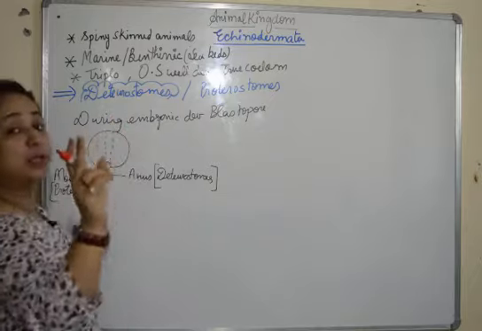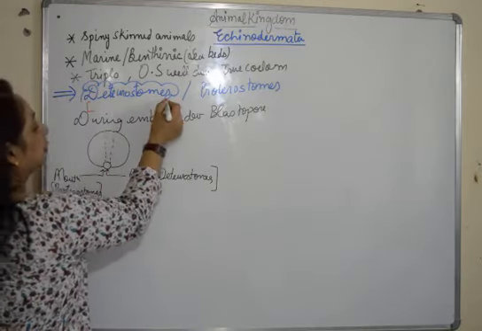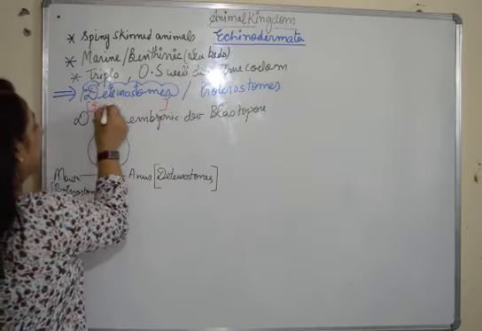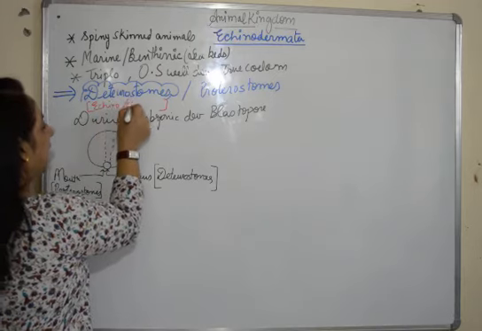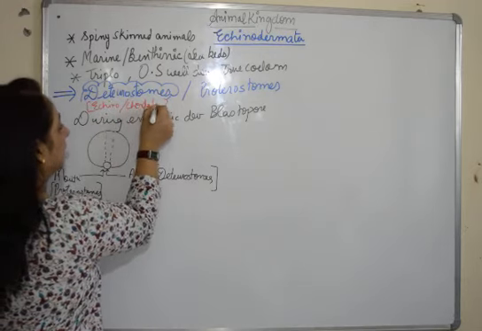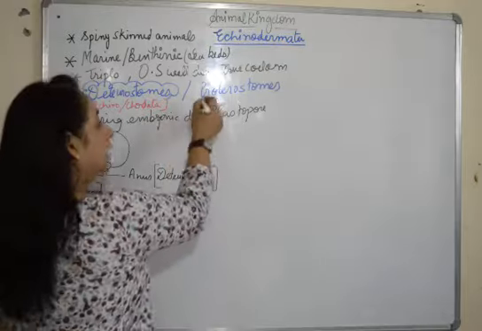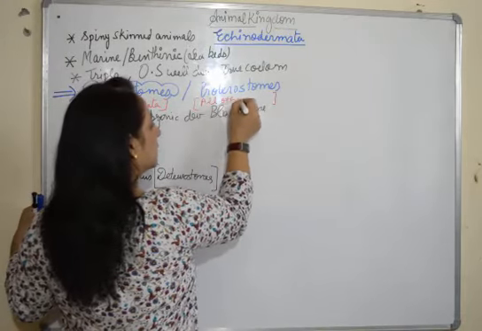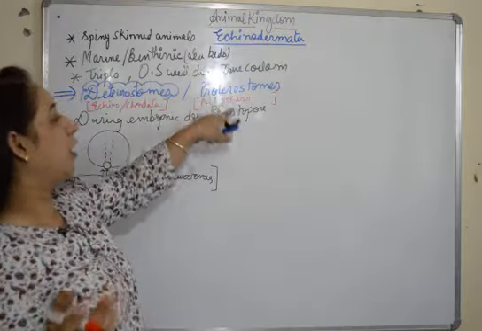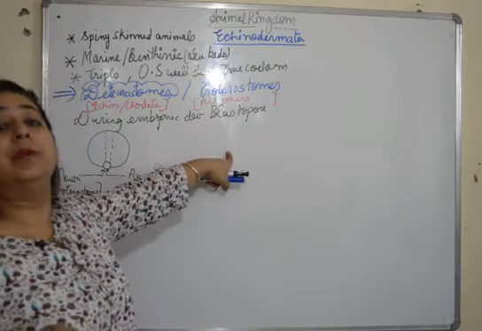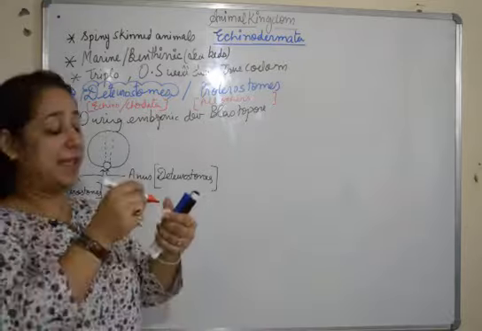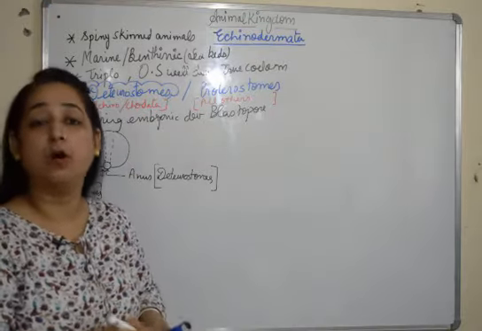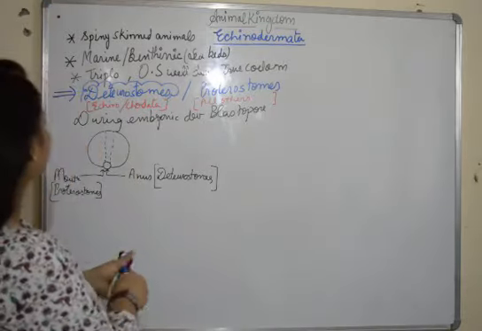There are only two phyla which fall under deuterostomes, that is Echinodermata and Chordata, wherein all the other phyla fall under protostomes, wherein the mouth is formed from the blastopore. A very important characteristic feature of Echinodermata.